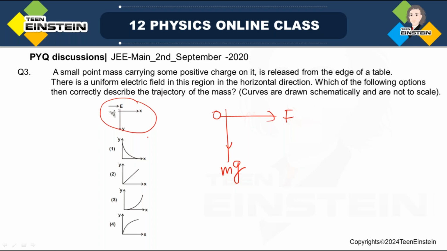In this direction there will be a force F equal to QE, and in the downward direction there will be the weight of the body.